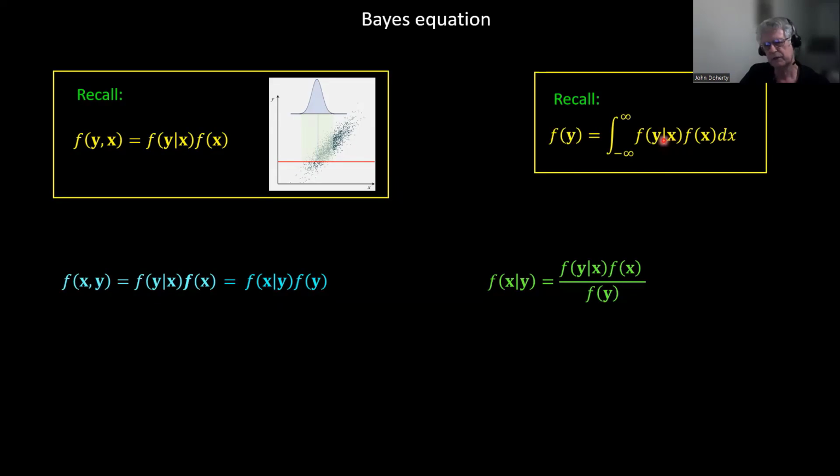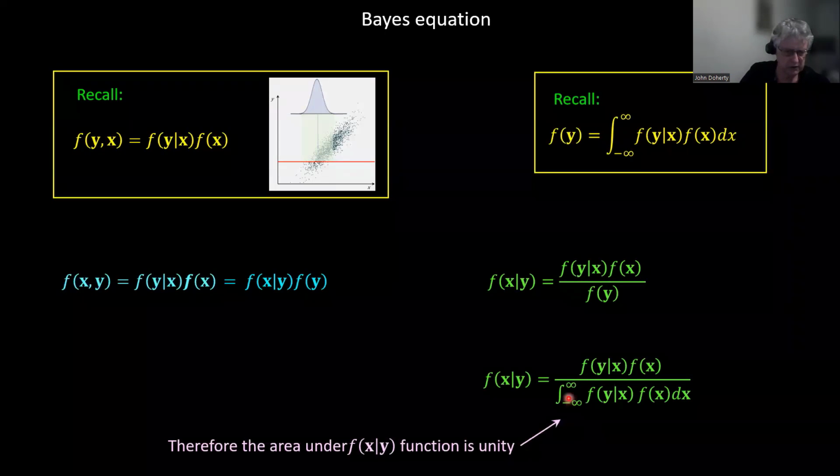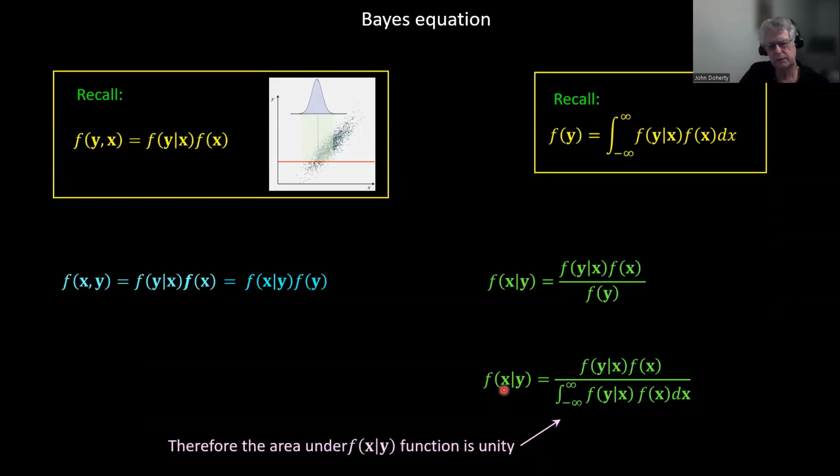All right, I'll substitute the yellow equation into the denominator of the green equation, and voila, there is Bayes' equation. Okay, derived in 3 steps. Notice, by the way, that because this denominator is the integral of what's on the top, the integral of the posterior distribution of x, that is the distribution of x conditional on y, integrates to 1 over all values of x, as it should.